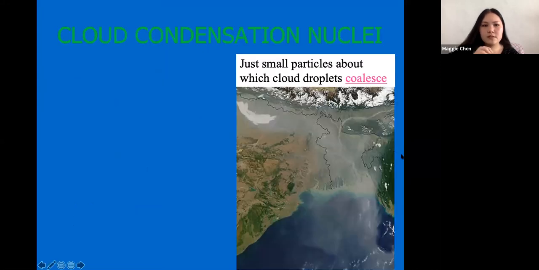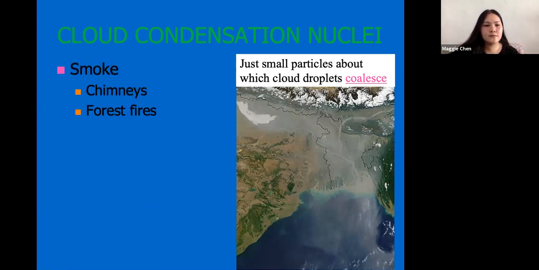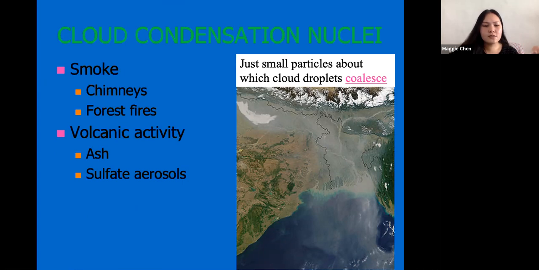But CCNs, cloud condensation nuclei, can come in many forms. They are basically just any small particles which cloud droplets can coalesce and condense around. Some of them could be from smoke, either from chimneys, forest fires, all the smoke that rises, volcanic activity, so any ash or sulfate aerosols or any of those small particles, even soil stirred up by wind.